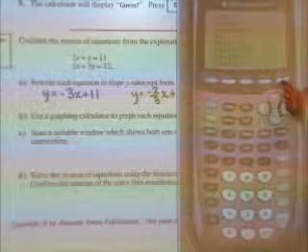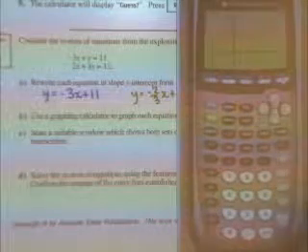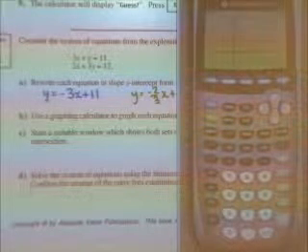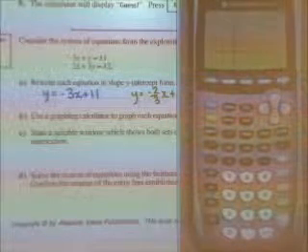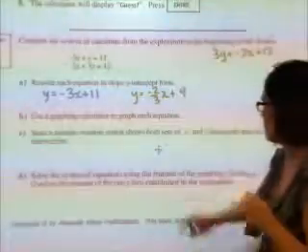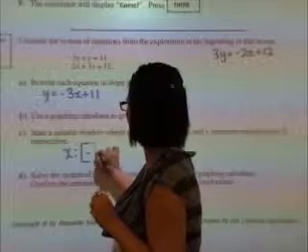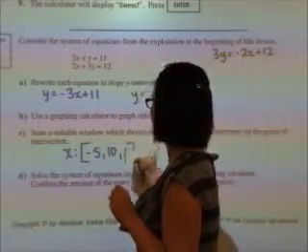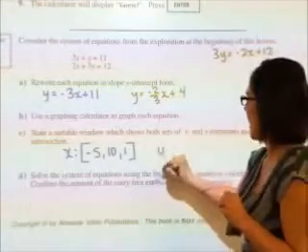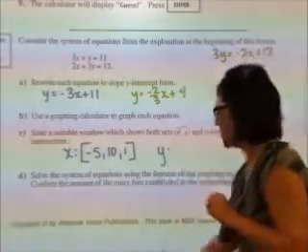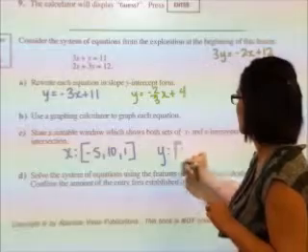So if I did that, now I can see the intercepts from both graphs and the intersection point. So a suitable window setting, x's from negative 5 to 10, and y's from negative 5 to 15, I think is what I picked.